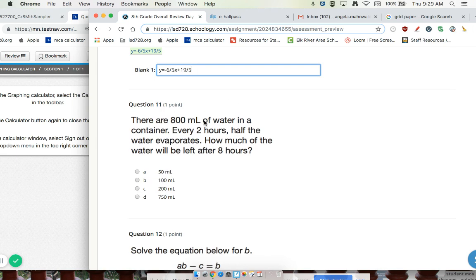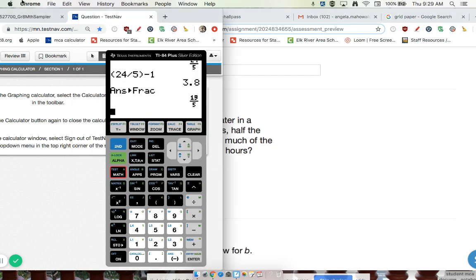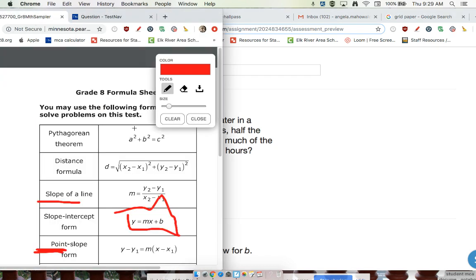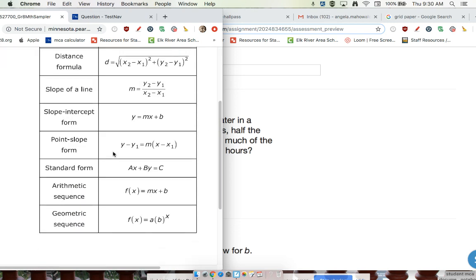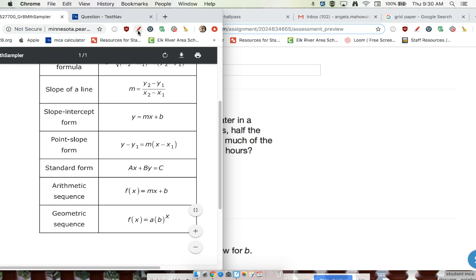There's 800 milliliters of water in a container. Every 2 hours, half the water evaporates. How much water will be left after 8 hours? So that half, every 2 hours, that's decreasing by half. That's like an exponential function. So we would use this, I don't know why they call it geometric sequence. It's the same thing.